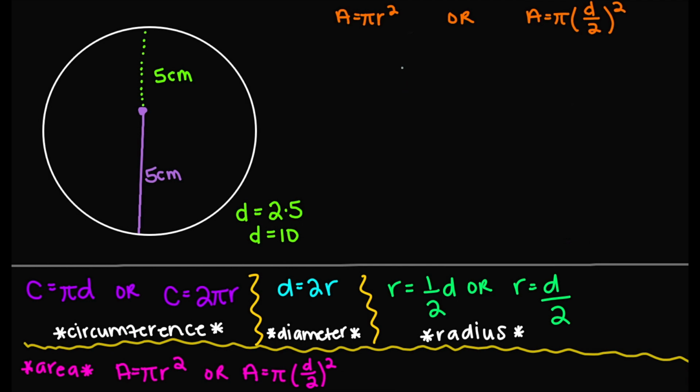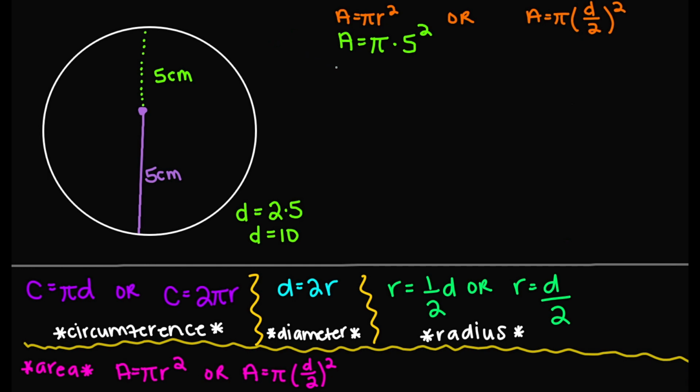So let's look at these formulas here and plug in our numbers. So let's say we have A equals pi r squared. So I'm going to do pi times my radius of 5, and then that's going to be squared. Remember, when you are looking for the area of a circle, you still need to follow your order of operations. So in this example here, I do need to do my exponents first before I multiply.